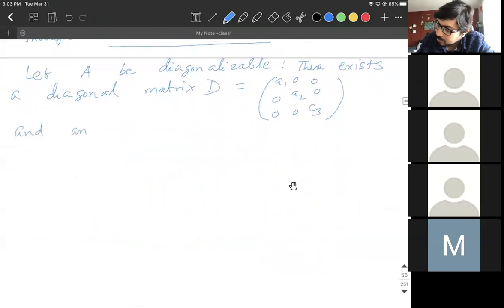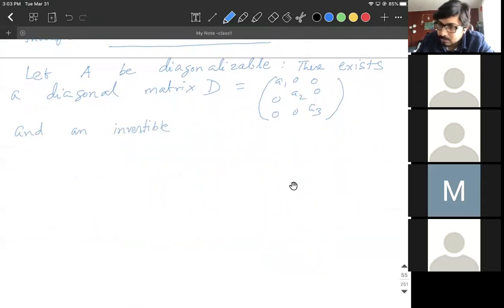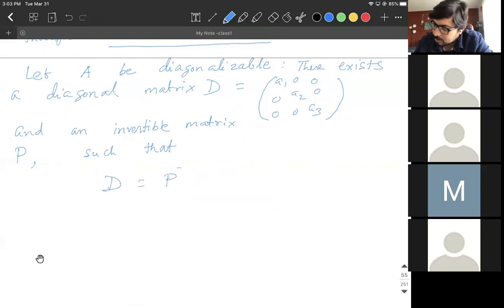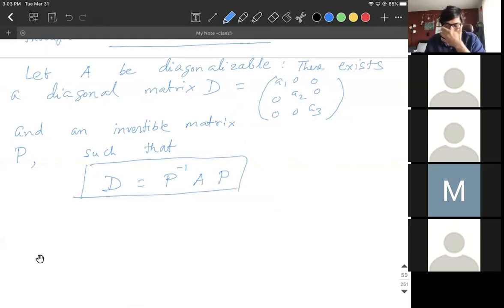And an invertible matrix P such that D equals, this is the definition, P inverse AP. Okay, so this is being diagonalizable.